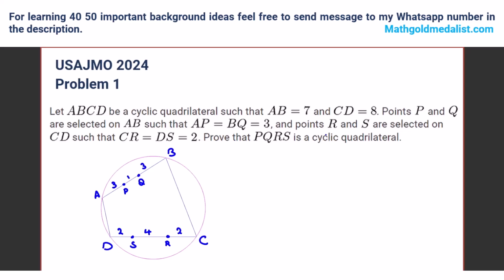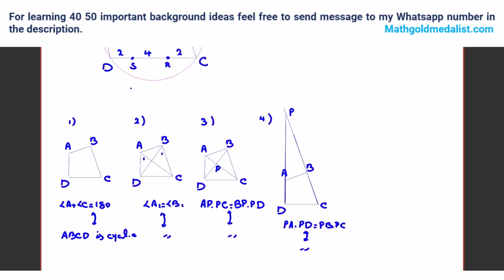We have 4 rules for proving that a quadrilateral is cyclic. Let's write it as idea 1. I can say in 90% of the problems where you want to prove a quadrilateral is cyclic, you should use one of them.